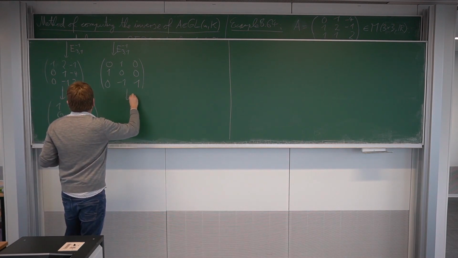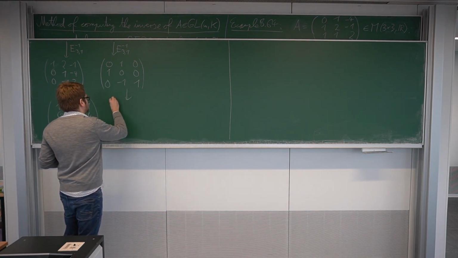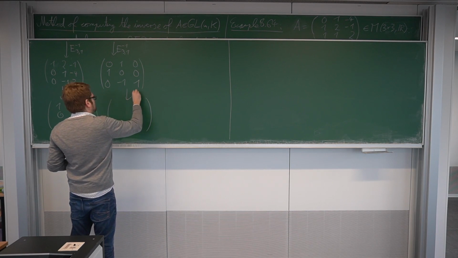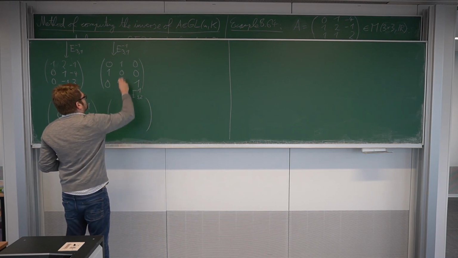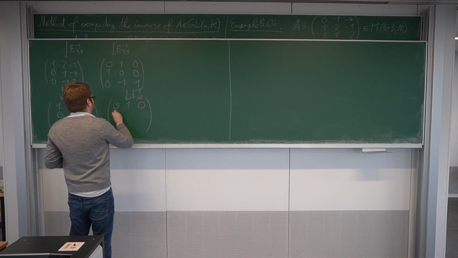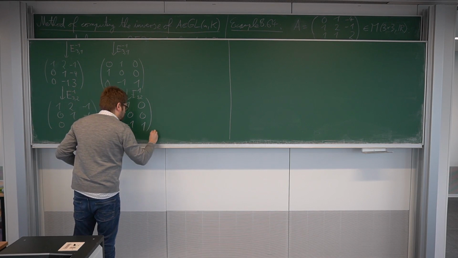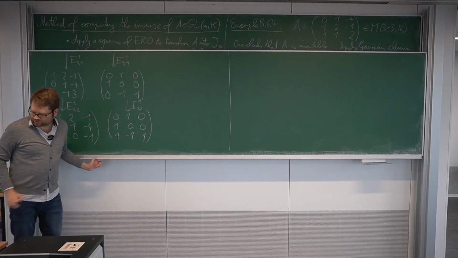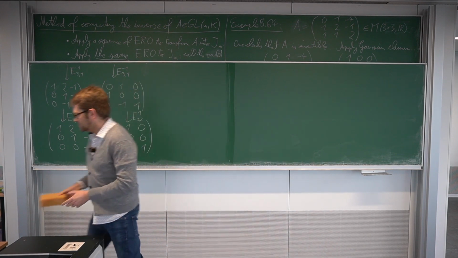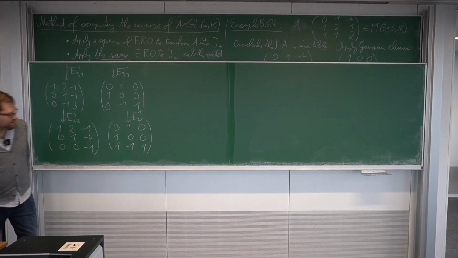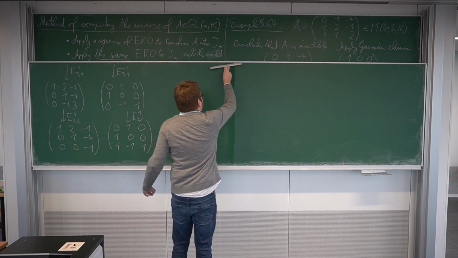Now do the same steps on the other side, E1, 3, 2. So we get 0, 1, 0, 1, 0, 0, and now 1, minus 1, 1. Okay, so much for that. Let me erase this middle bar because I want to use the space a bit more. So now this is upper triangular, which is good news.